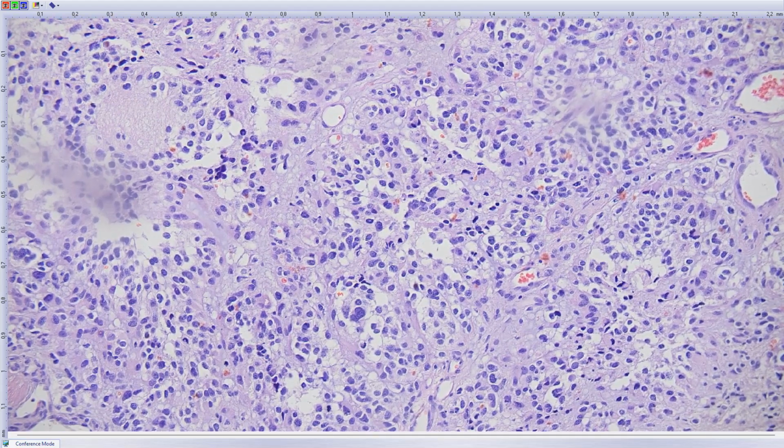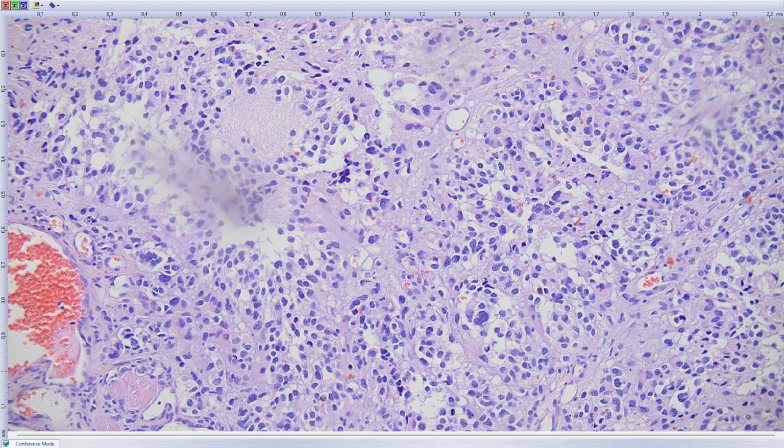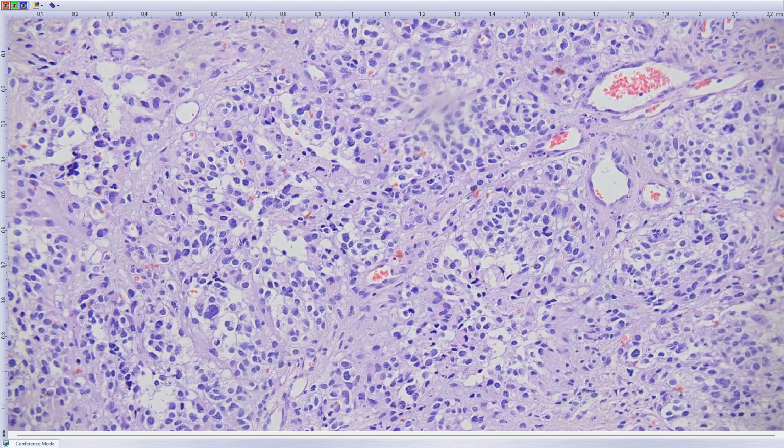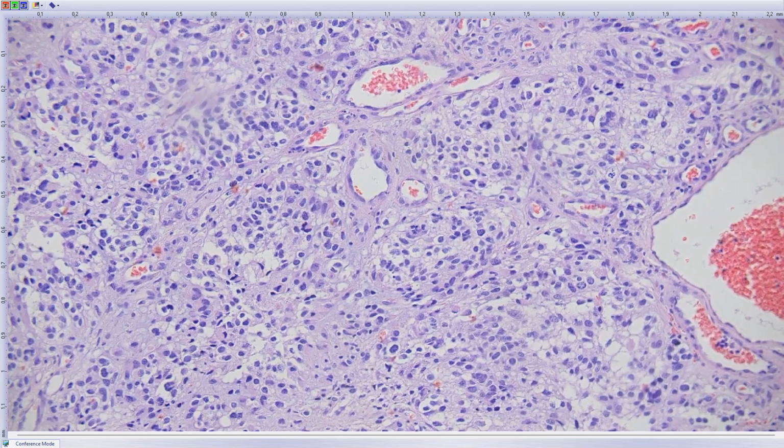So in these parts, you can see this highly malignant looking, a little bit epithelial looking tumor. Could it be metastatic? Yes, in this morphology, certainly. And the case was stained, of course, with cytokeratins, and there was a little bit of cytokeratin cocktail positivity in these parts.